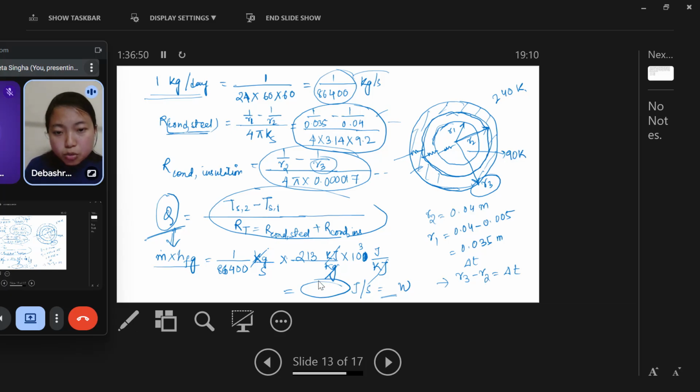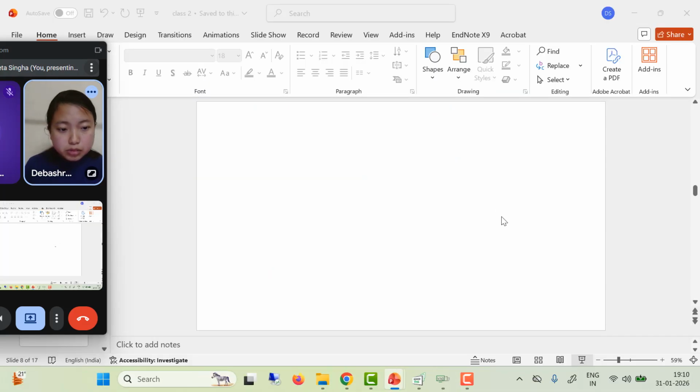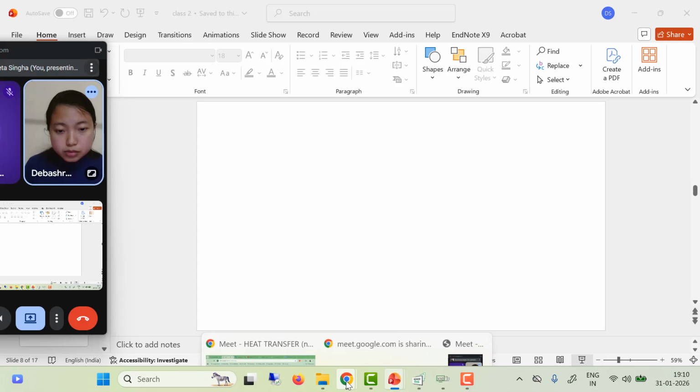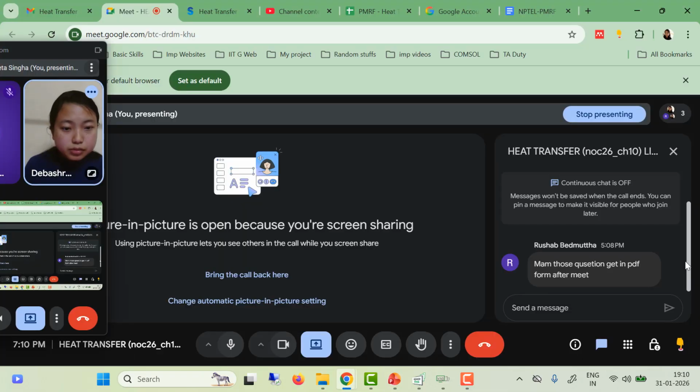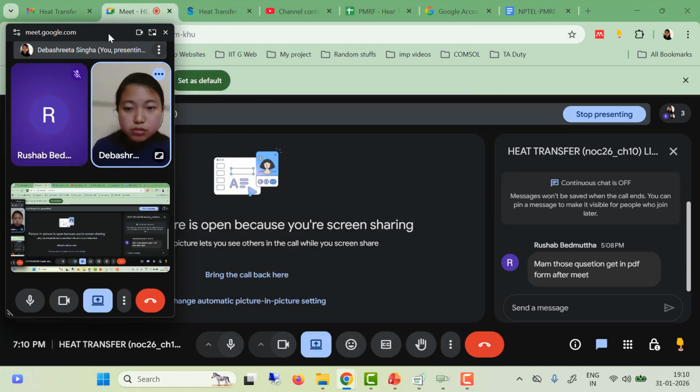Tell me what values you get here for R3 and the thickness of the insulation. Okay, fine. And if you have any more questions you can ask.